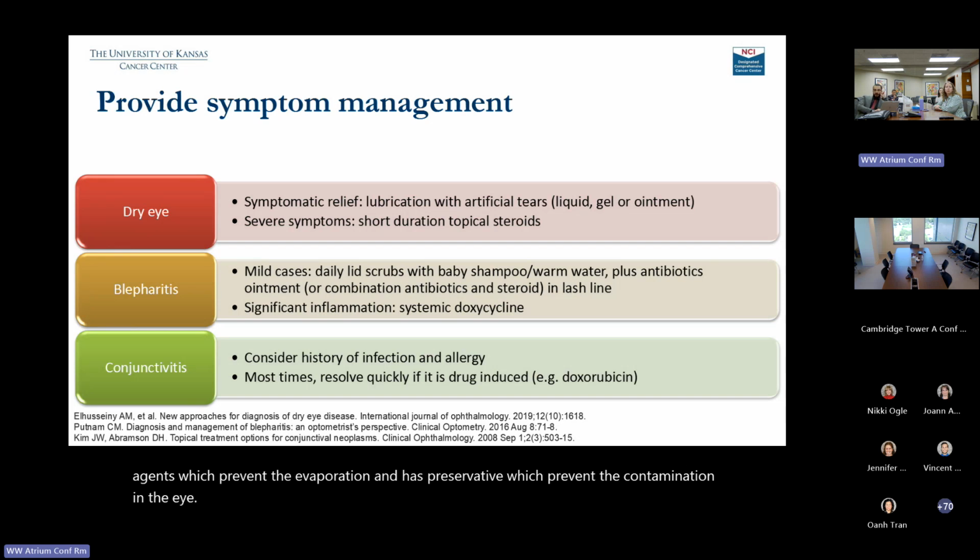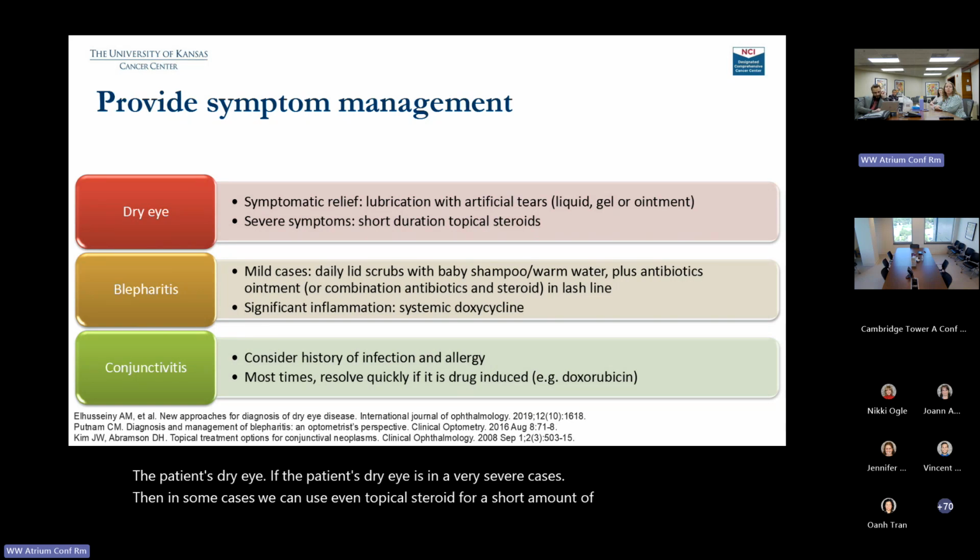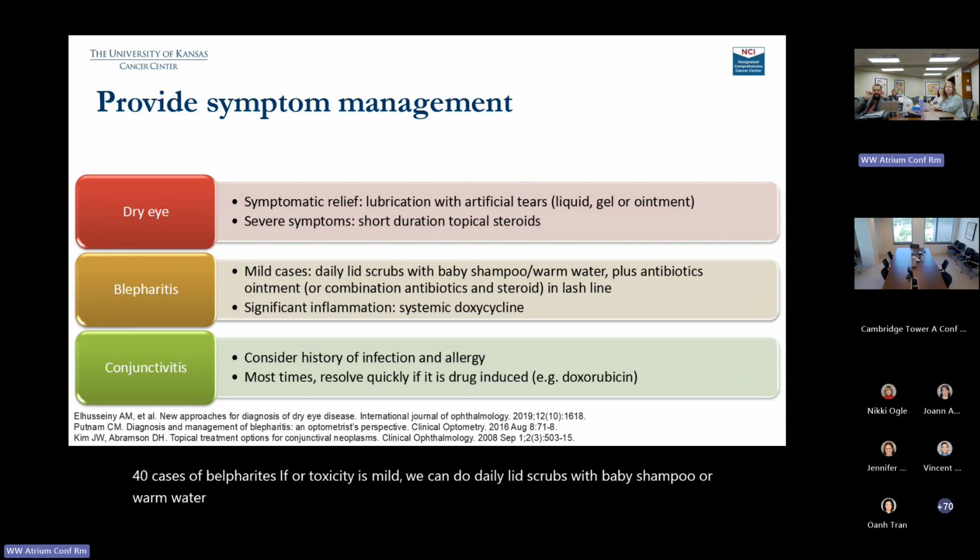If the patient's dry eye is very severe, in some cases we can use even a topical steroid for a short amount of time. For blepharitis, if the toxicity is mild, we can do daily lid scrubs with baby shampoo or warm water, and besides that, we may use antibiotic ointment on the lash line as well.